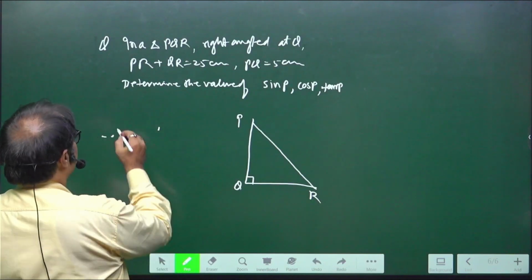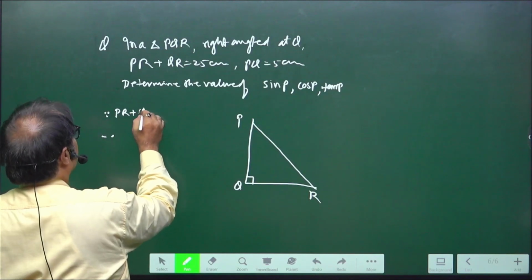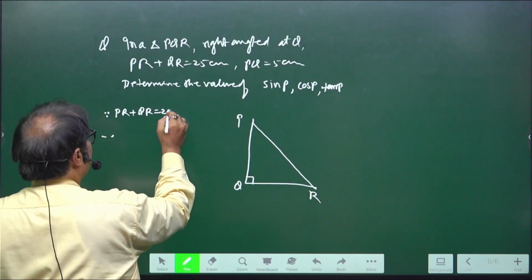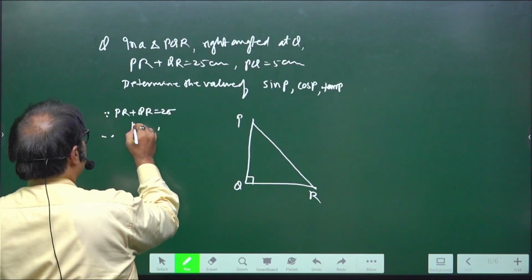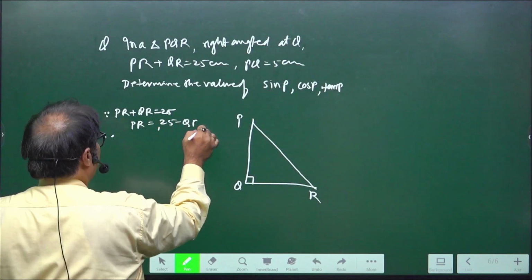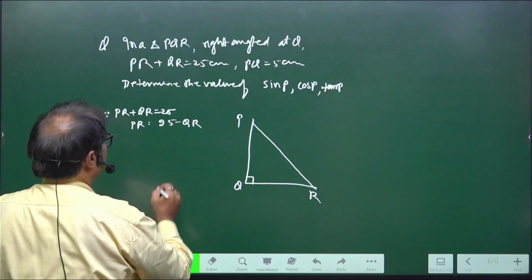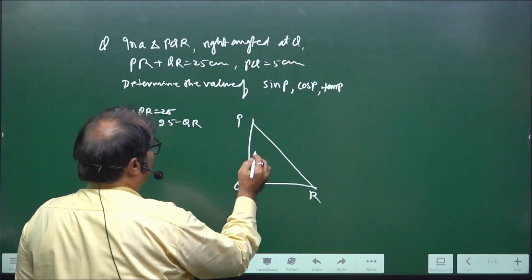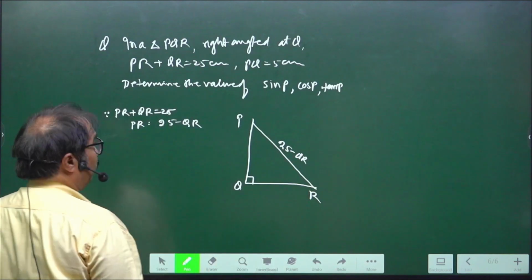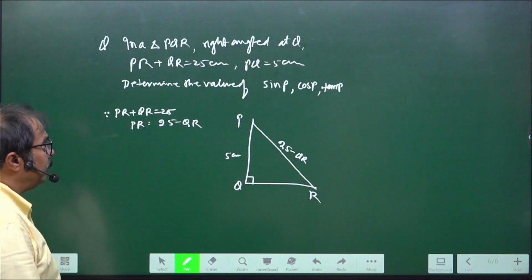Since PR plus QR is equal to 25, it means PR is equal to 25 minus QR. And the value of PQ is given 5 centimeter.